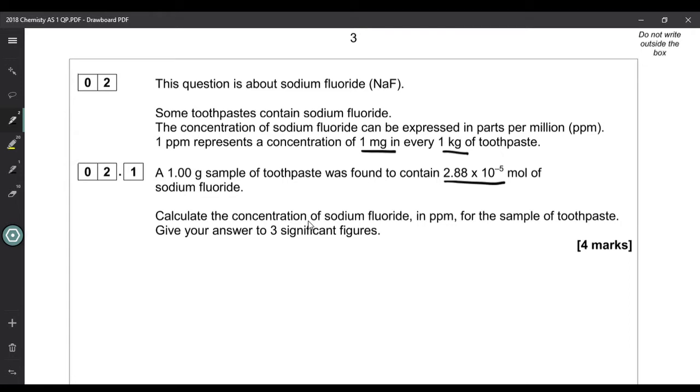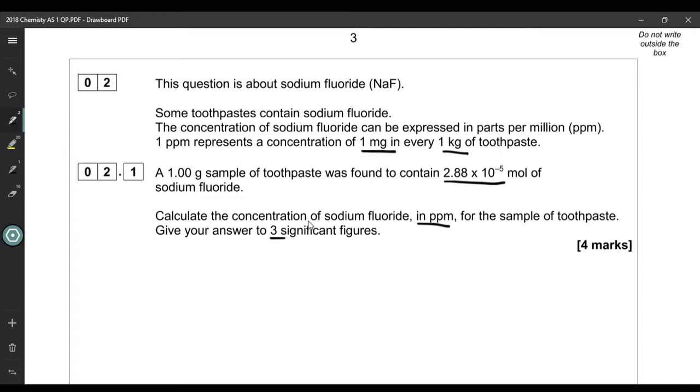It says calculate the concentration of sodium fluoride in parts per million for the sample toothpaste and give your answer to 3 significant figures. Because the question says it's got to be expressed to 3 significant figures, make sure that you check your answer that you do, or else you're going to lose some marks.